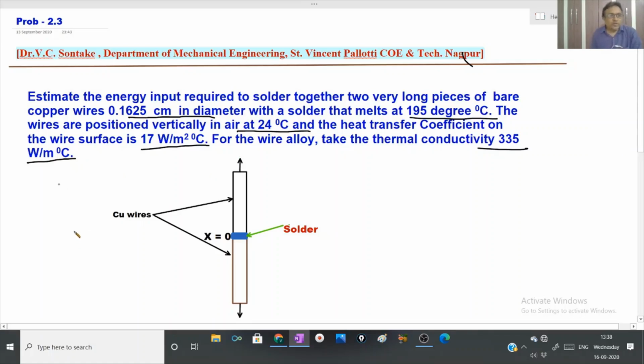So in order to solve this numerical, let us first draw the schematic of this problem. As you can see here, there are two very long pieces of copper wires and they are supposed to be soldered together at this point.